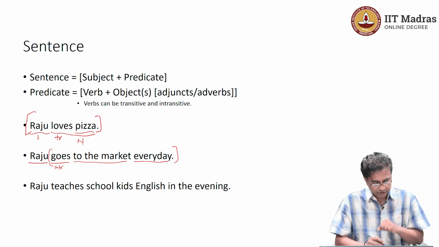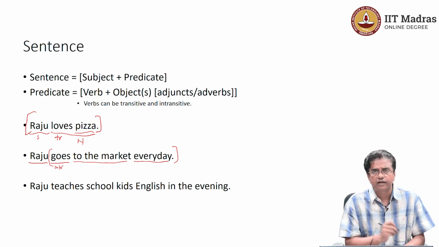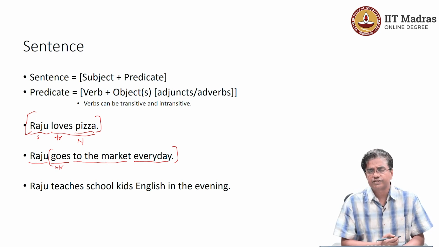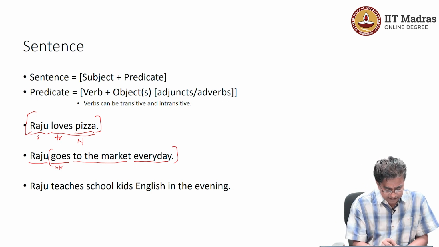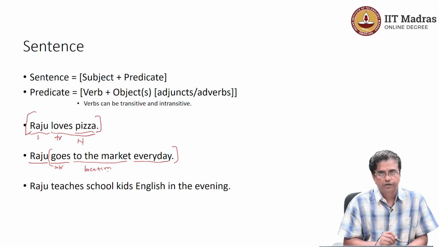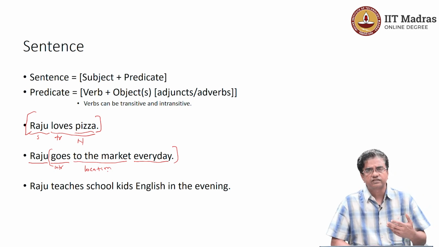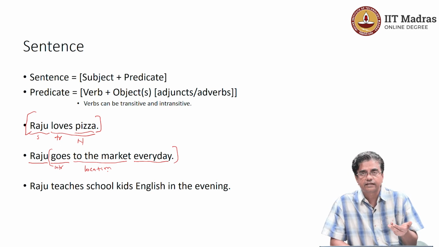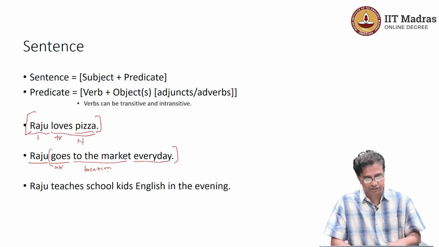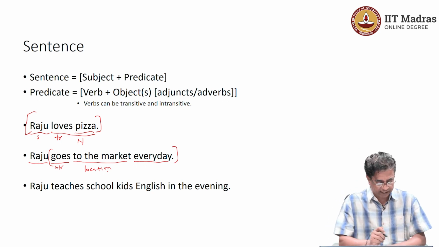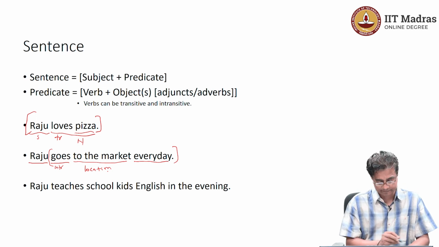Now look at it. What is this, to the market? What kind of question can it answer? It indicates a location. So if we ask the question goes where, then it appears to be one of the plausible answers to this question. So this is kind of an adjunct or an adverb in the sentence.